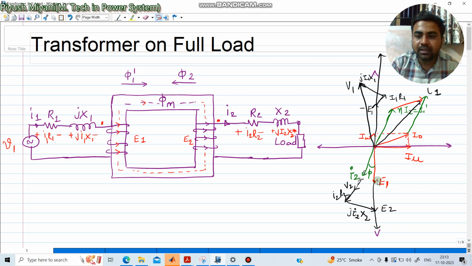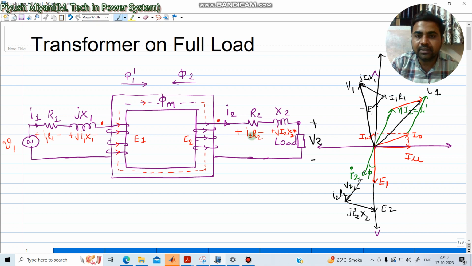Depending on the power factor, there will be some relationship between V1 and E1. If I mark voltage V2 here, let's say V2 and I2 both are in phase, it means the load is resistive.